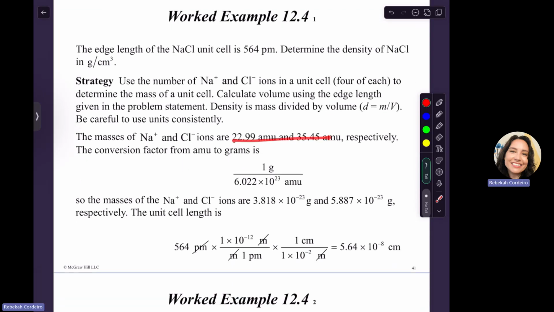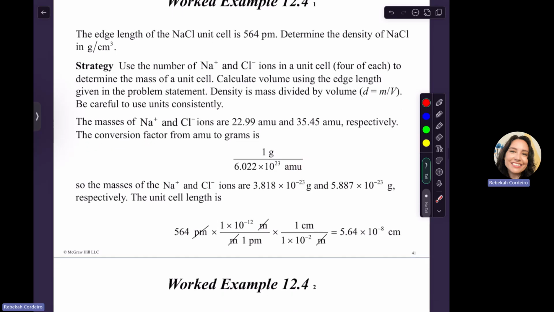You can do AMU to gram with Avogadro's number, but again, I think using molar mass and going from mole to gram, and then just thinking about 4 ions and using Avogadro's number to go from ions to moles and then moles to the molar mass is going to be the easier one.